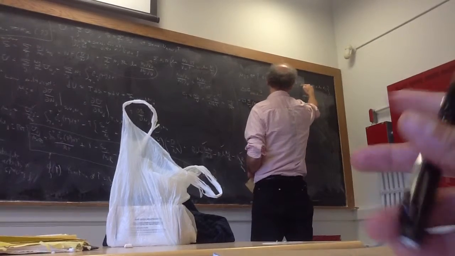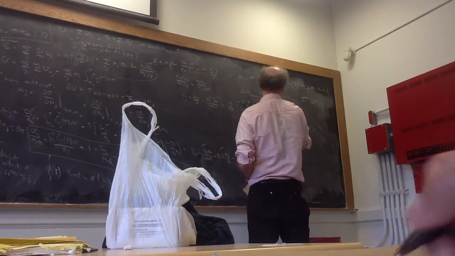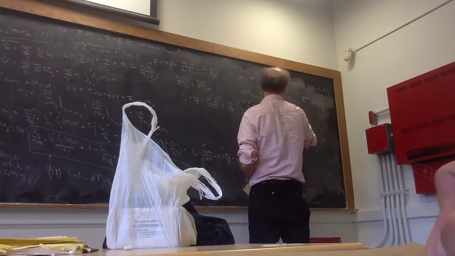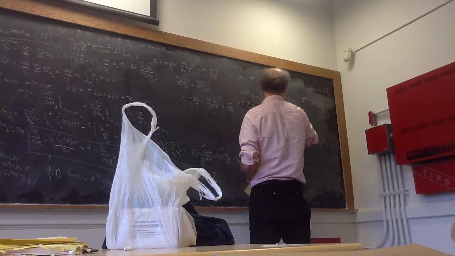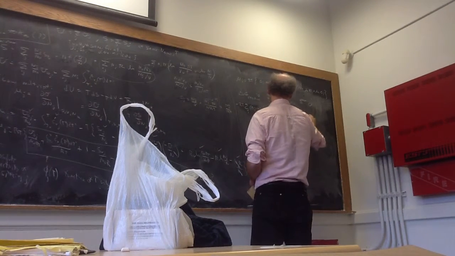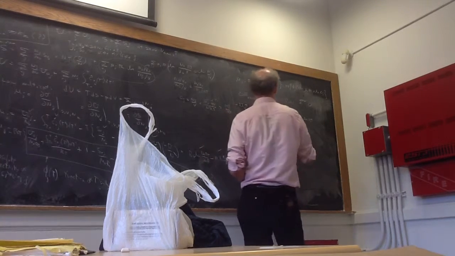So I plug this in here from u. I move this term to the other side of the equation. So I'm left with RT sum j, beta j minus alpha j, log RT, with the minus sign.